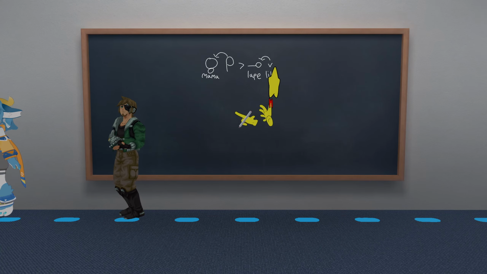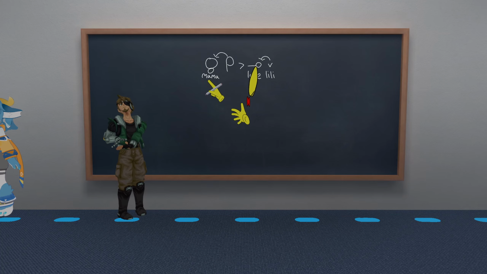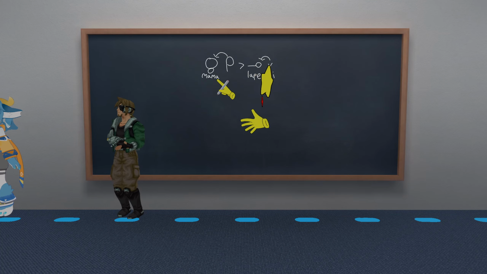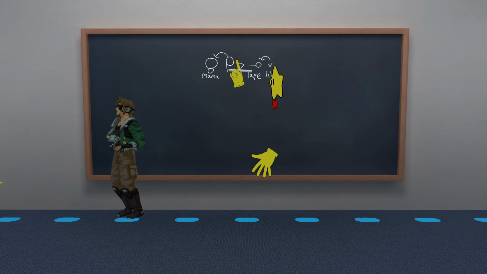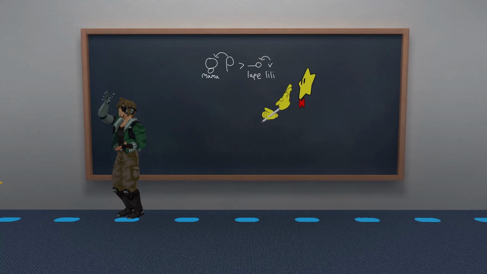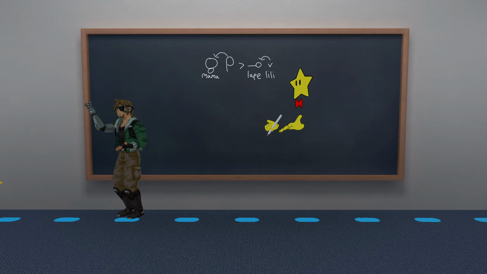But what do these words mean? Mama is parent or ancestor, or really any older familial relation, usually along the line of your parents, right? It can also, however, mean protector or guardian. So think of like a babysitter, right?